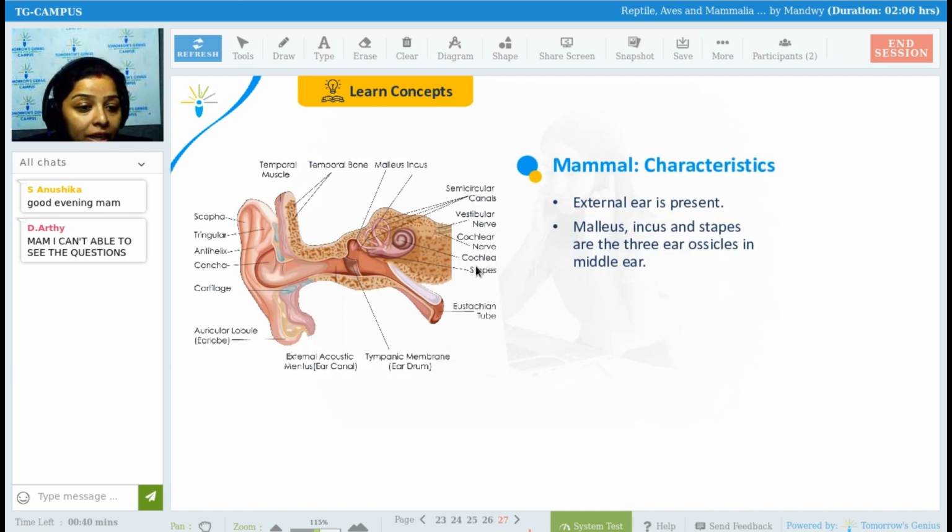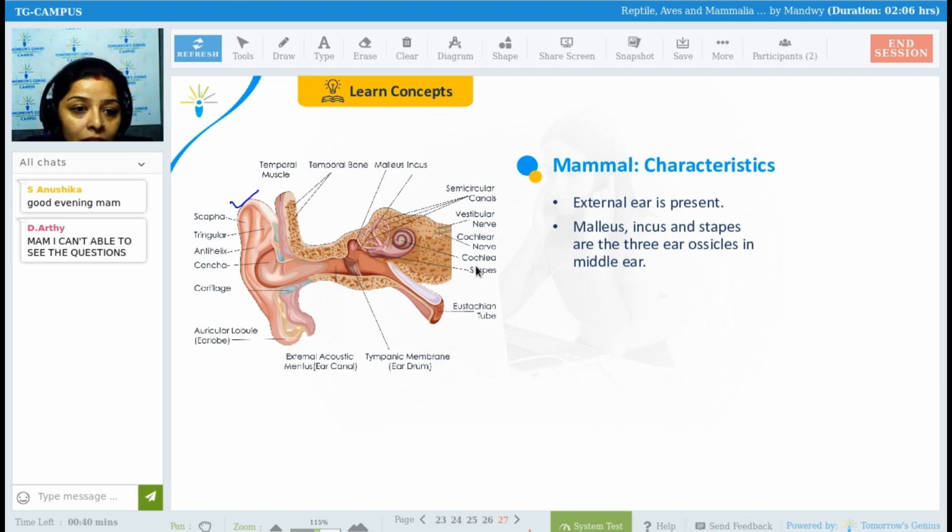Okay. Now another characteristic, ears. In all the animals apart from the mammals, they don't have an external ear. So the external ear, pinna, is again one of the unique features of mammals. First unique feature was diaphragm. Second unique feature is presence of external ear, that is called pinna.